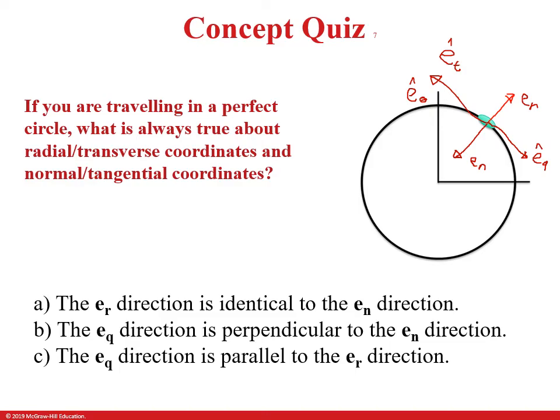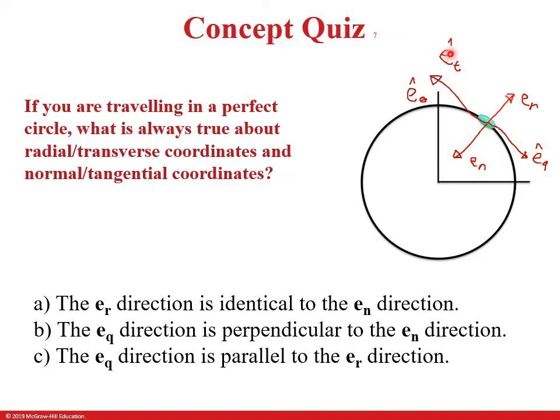So when doing this on a perfect circle, we can see that our radial direction, our normal direction, tangential, and theta direction, the coordinate systems kind of line up. The only difference being that the radial unit normal is in the opposite direction of the unit normal for the normal direction.